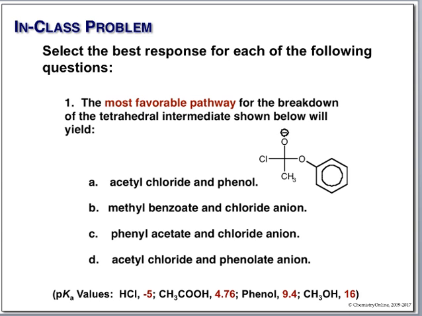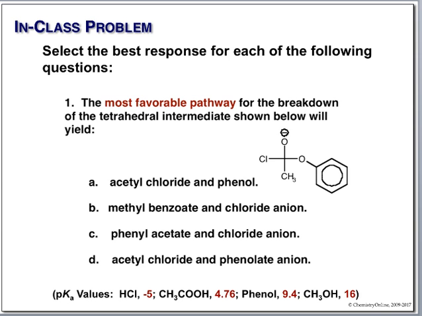Look around your tetrahedral intermediate. Split the little thingies off and say, what is the conjugate acid and what is its pKa? If we split off the methyl group, that would be methane, a pKa of about 45. Whoa, no, not going to happen.